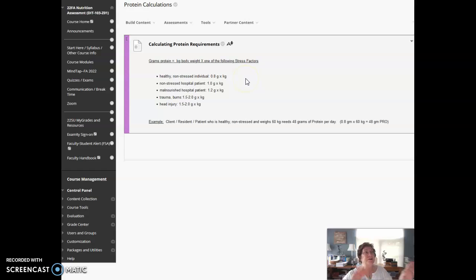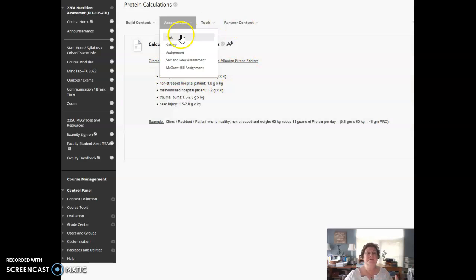And so I know I just said we weren't going to be using stress factors, but for protein, you do need to do this equation. So generally, we're going to be using 0.8 as our basis. It could be 1.0, but generally we're sticking to these lower levels. And so then that gives you the grams of protein.